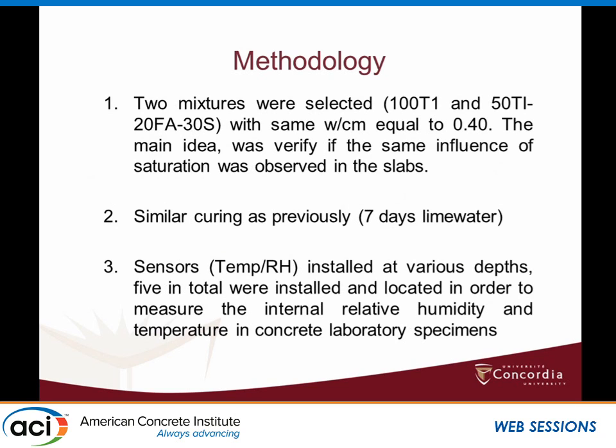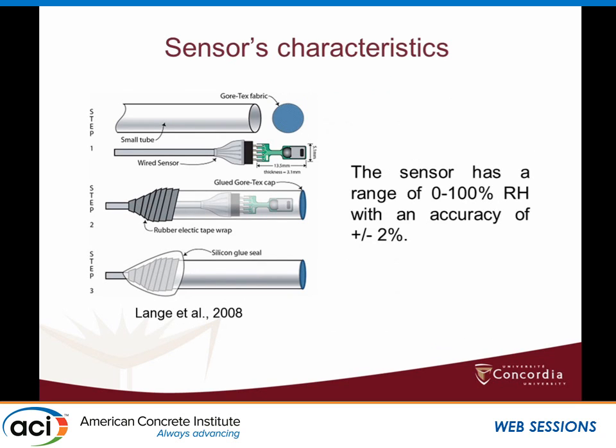Now about the slab, sorry about that. We were thinking, okay, are we going to have the same behavior with the circular slab? So we decided to cast some samples with a water cement equal to 0.4 to see what happened. And also, based on Lund 2008, we installed some sensors in order to understand how the humidity changes inside the concrete.